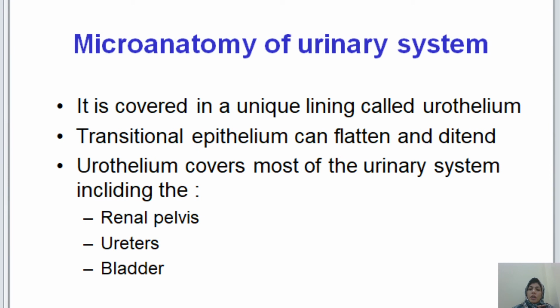According to microanatomy, it is covered in a unique lining called urothelium, which is the same as transitional epithelium, and transitional epithelium can flatten and thicken. Urothelium covers most of the urinary system, including the renal pelvis and also the ureters and bladder.